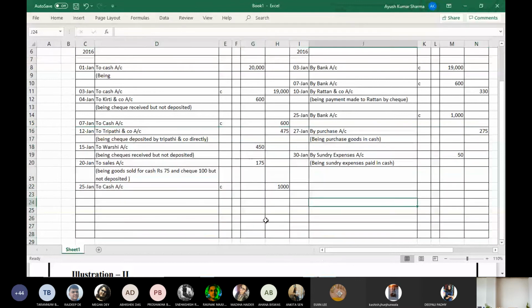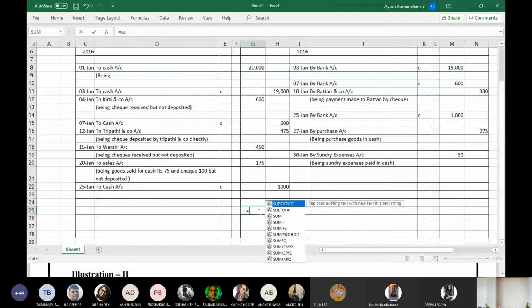Okay. Now we'll write the totals on each of the columns. Remember that cash account always has a debit balance in respect of cash. That means this side will always be the heavier side, that is the debit side.